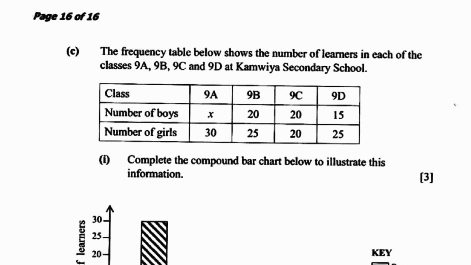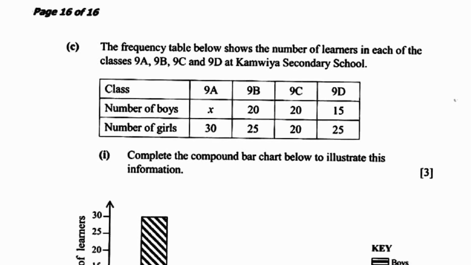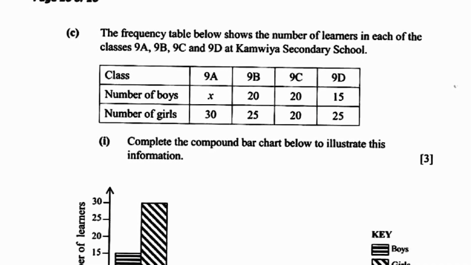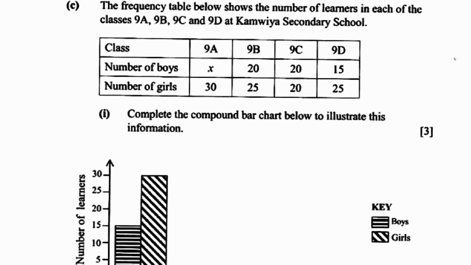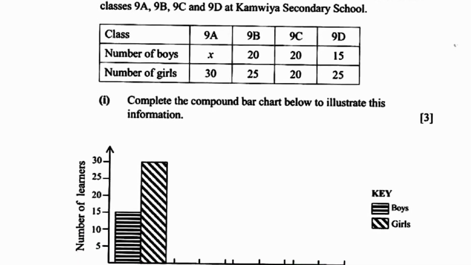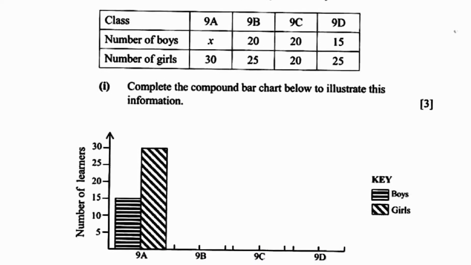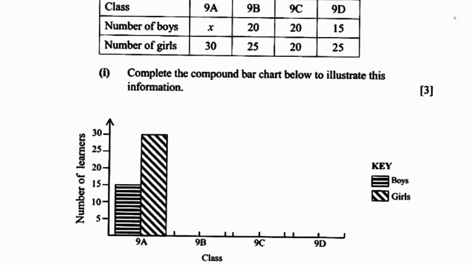So there is a bar chart that we are given there, as you can see from the question. I'll try to sketch it so that you can follow how you are to go about it. So here is a bar chart.